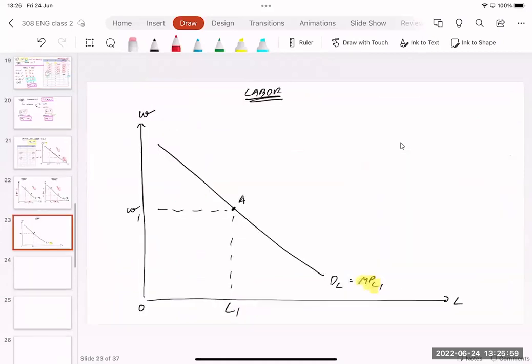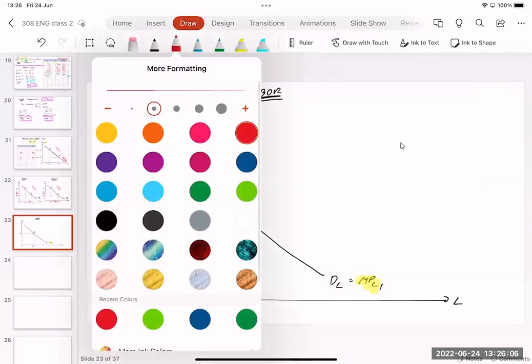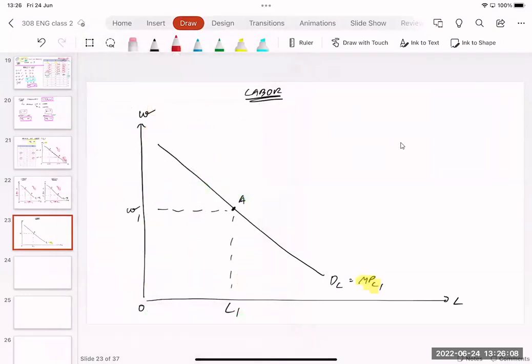So come back to the graph. If labor becomes more productive, if the marginal product of labor is increasing, the demand for labor curve is going to shift to the right.